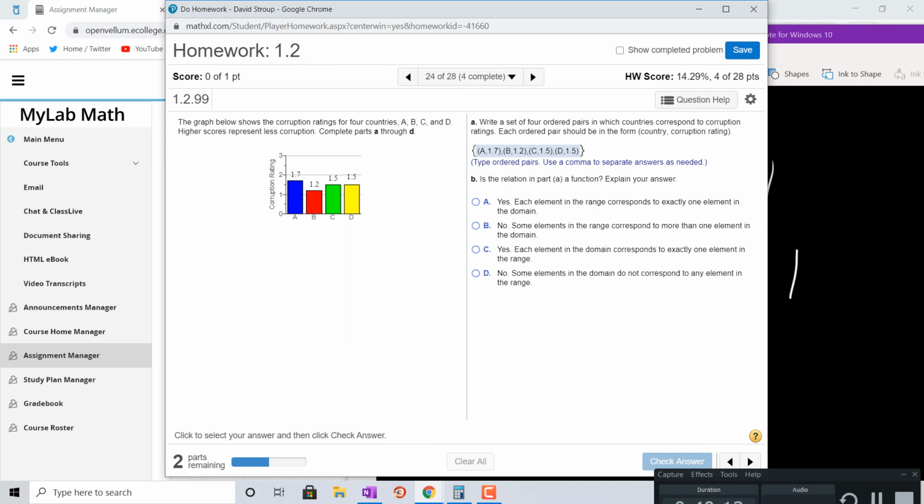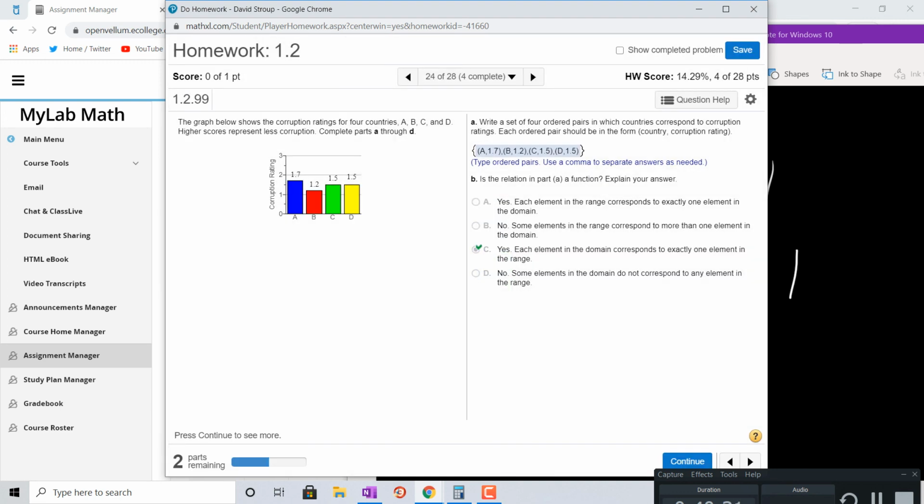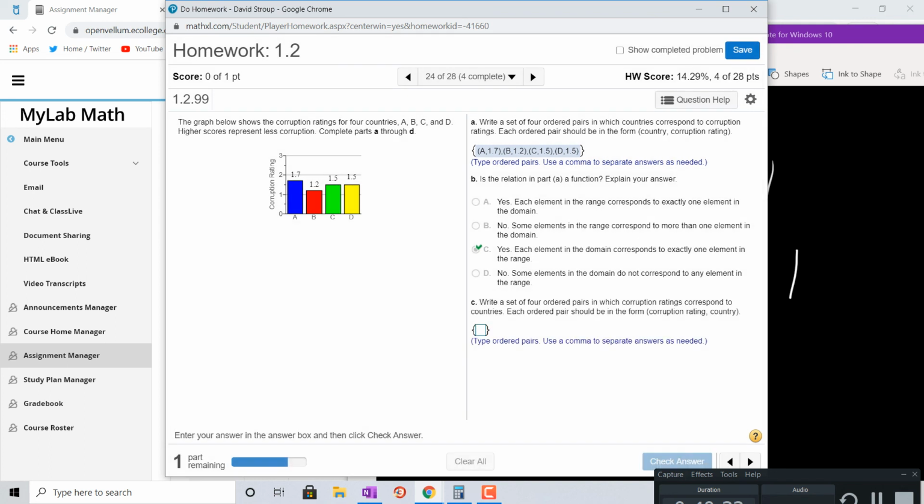Is this a function? Yeah. Each x value, there's no repeated A twice or anything like that. Whoops. You gotta read the whole thing though. Each element in the domain corresponds to only one element in the range. What else? Continue.